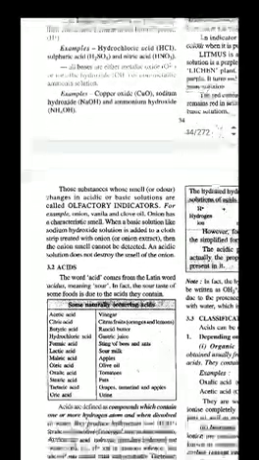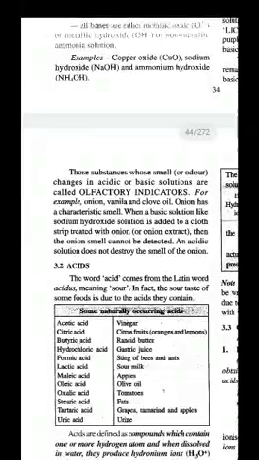The substances whose smell or odor changes in acidic or basic solutions are called olfactory indicators. Children, olfactory indicators change their odor or smell when we put them in an acid or base solution. Best examples: onion, vanilla and clove oil. Onion has a characteristic smell.